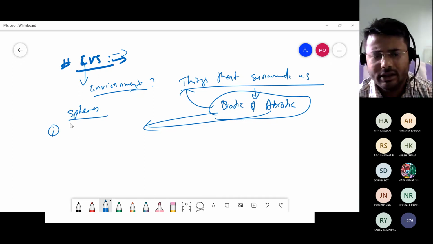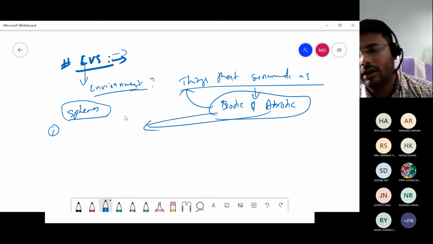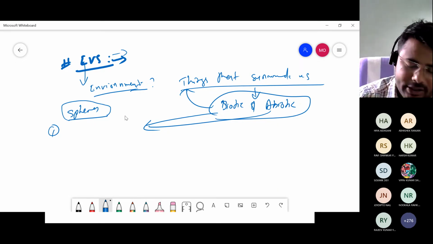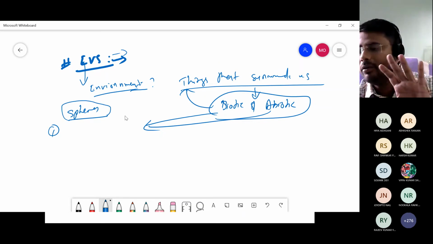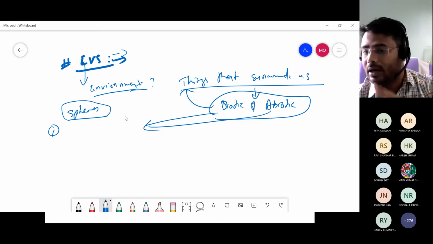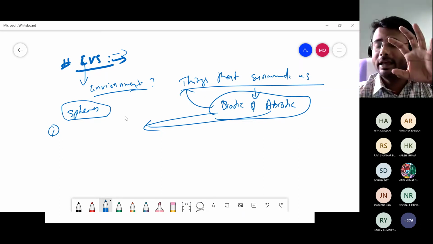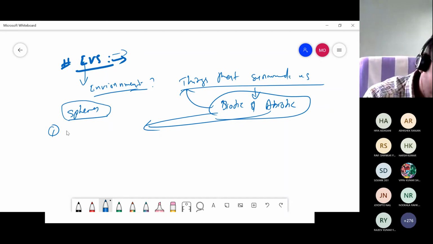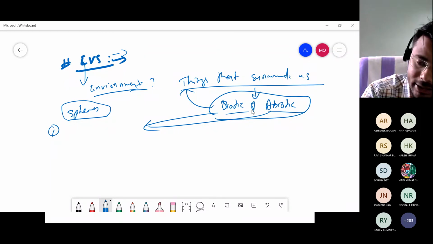This might have been told by Dr. Mandal in the last class, but let me repeat the same. What could be these four spheres? Lithosphere, atmosphere, and so on. So basically we are talking about abiotic and biotic community.